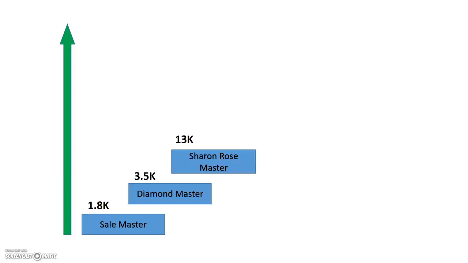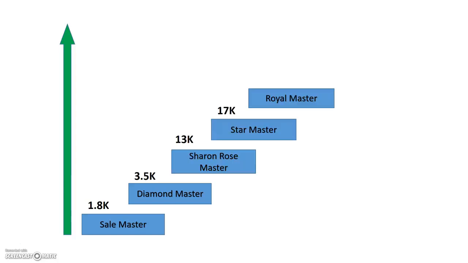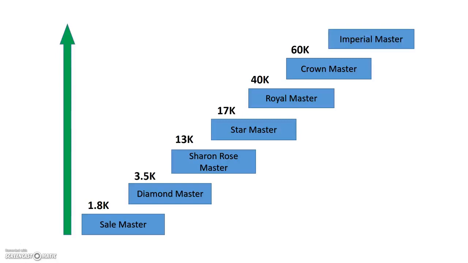It's 3.5k, 13k, 17k, 40k, 60k, 85k. It actually increases exponentially. So although we start very slow, once we get promoted and we work on getting promotion, that's where our salary will exponentially increase.